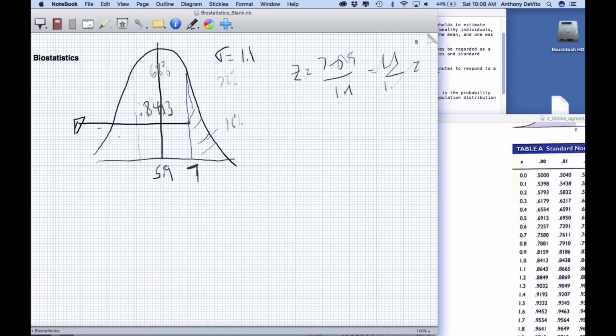I'm going to round that to 0.841. That leaves 0.159. That's the proportion, or 15.9%, to the right of 7. So 15.9% of the time, the probability of an ambulance arriving in more than 7 minutes, is 0.159.